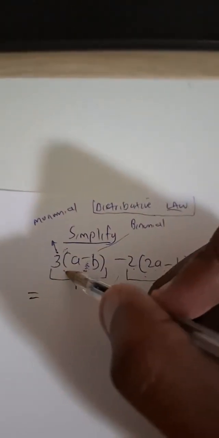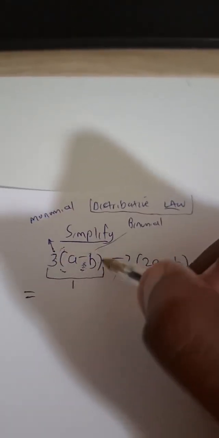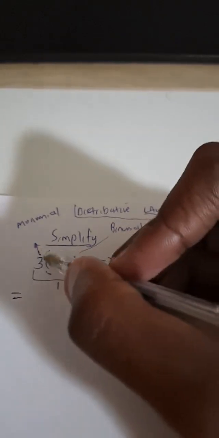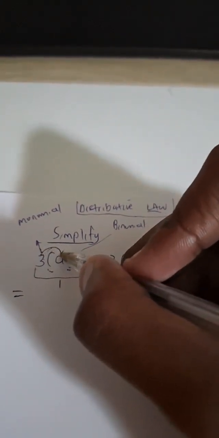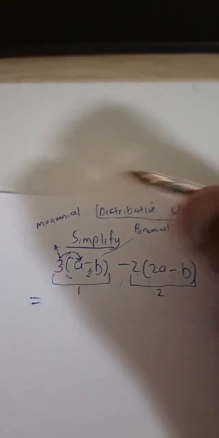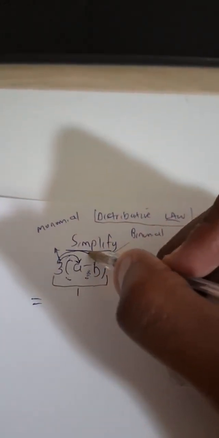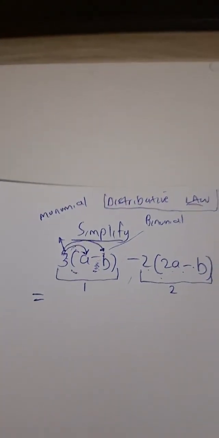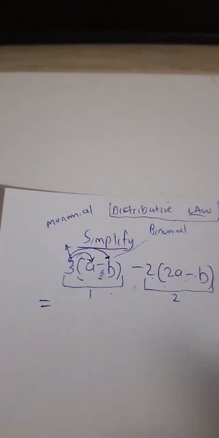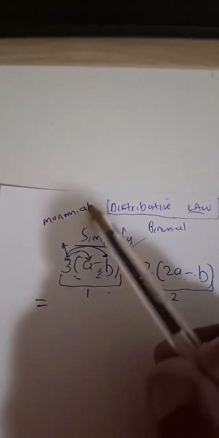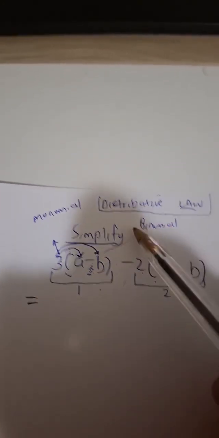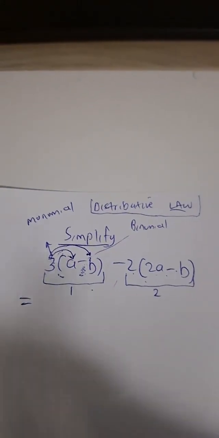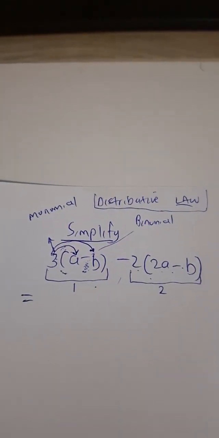So what we do with this monomial multiplied by this binomial is we distribute the 3 by multiplication to the a. We distribute the 3 by multiplication to the negative b for this term. Why? Because there's a monomial and a binomial multiplied together. Are you with me?